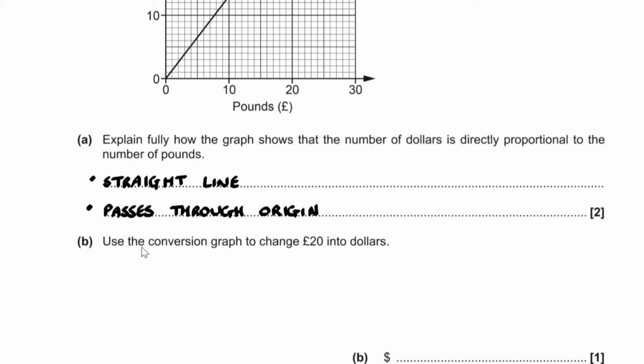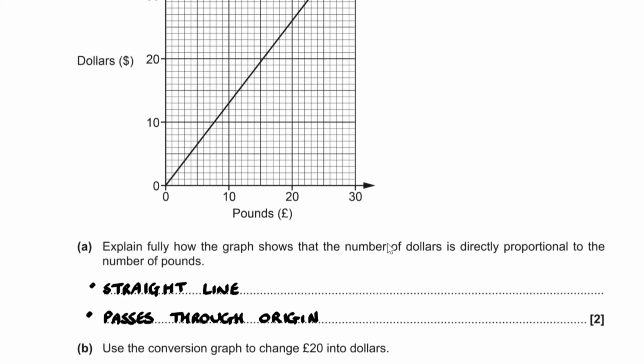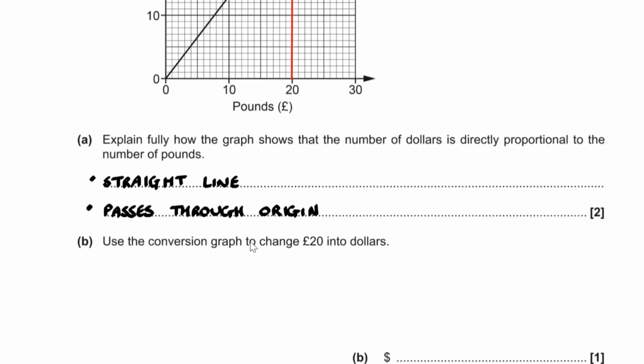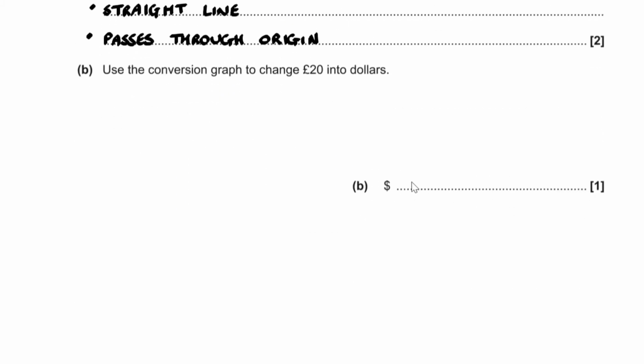For part B, we have to use the conversion graph to change £20 into dollars. If we read up from £20 and then read across to convert into dollars, you can see we've got $26.